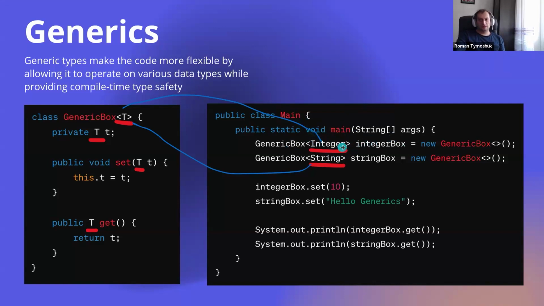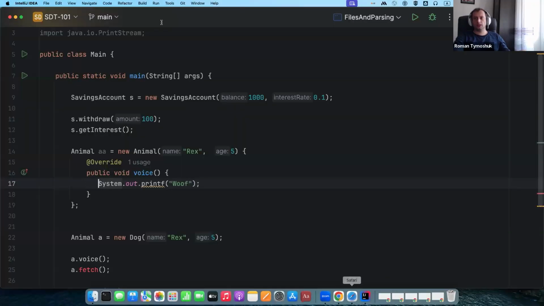So we are saying explicitly here that we are putting integers in this box. Or we can put strings. String box equals generic box. So we have two boxes, and in one we are putting strings, in the other we are putting integers. The same thing works perfectly with collections.